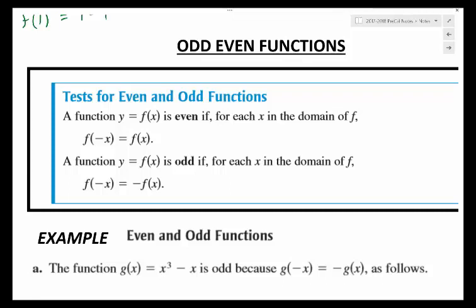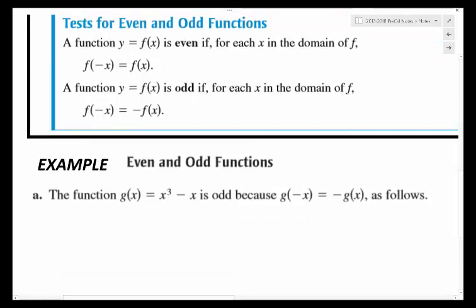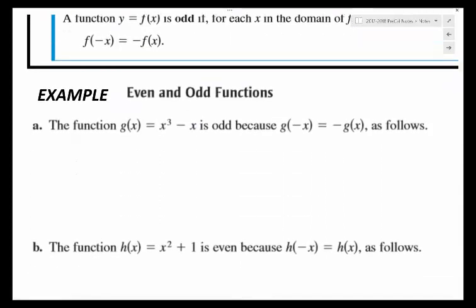And it's odd if I plug it in and it ends up giving me the negation of the function. Let me demonstrate. The function x cubed minus x is odd because when g of negative x is plugged in, negative g of x is the result, as follows.